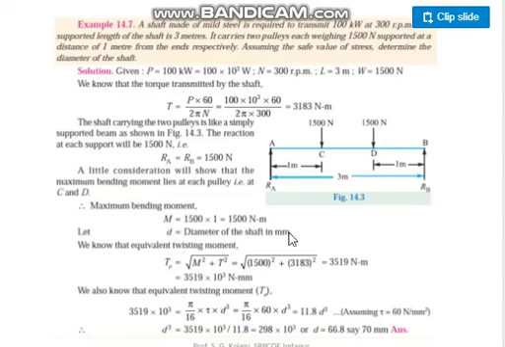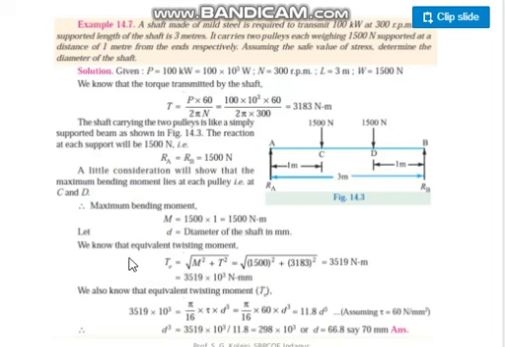Here, up to this point, he has brought it in Newton meters only. So the bending moment we have got, and the torque also we have got. Torque we got first, around 3000. Bending moment is 1500. So torque alone is more, because this is what is desired to be transmitted. Power transmission means torque transmission.